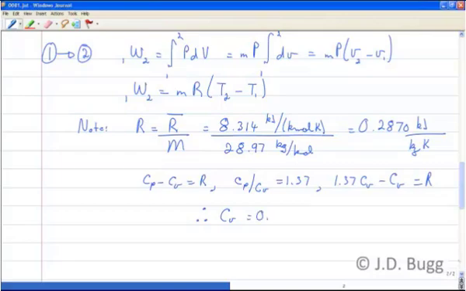CV comes out to 0.77568 kilojoules per kilogram Kelvin.